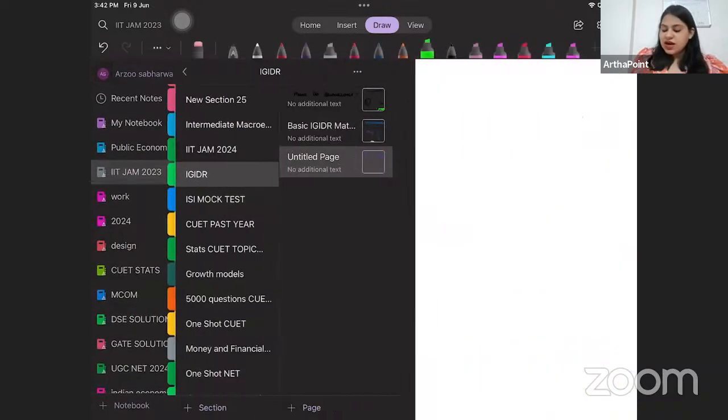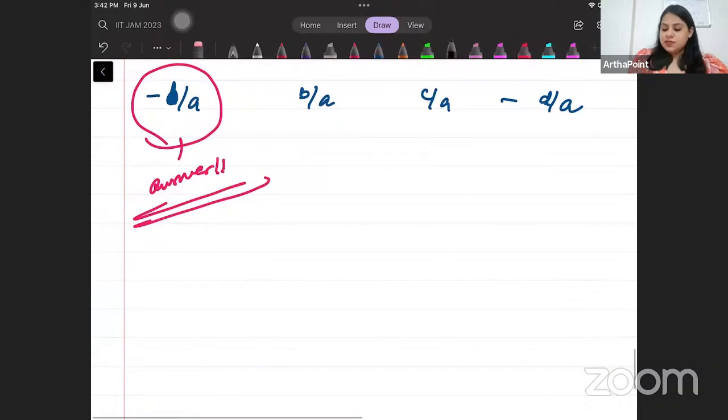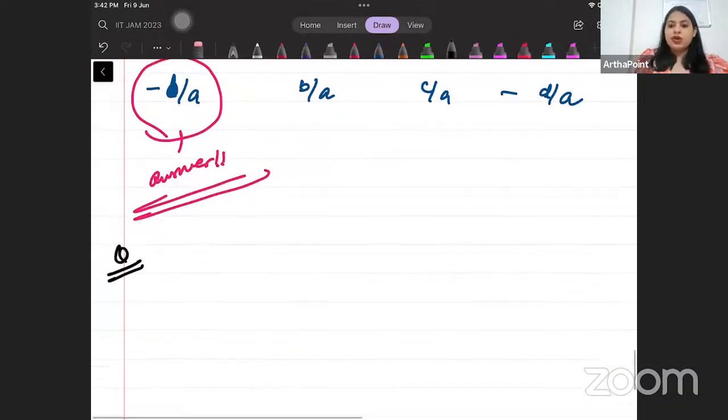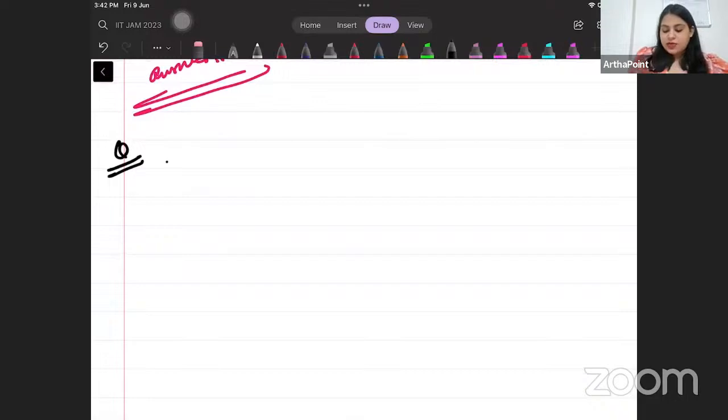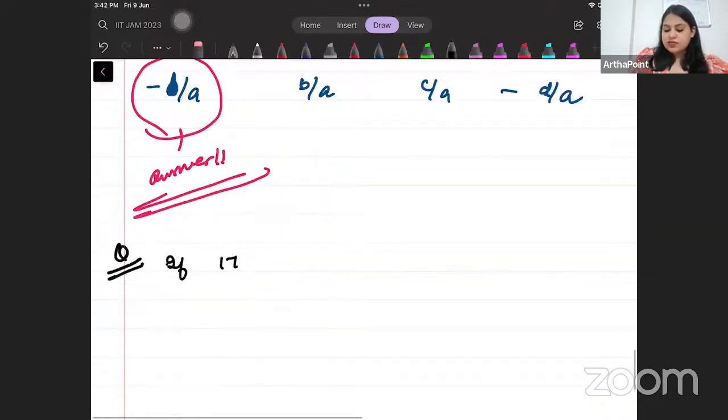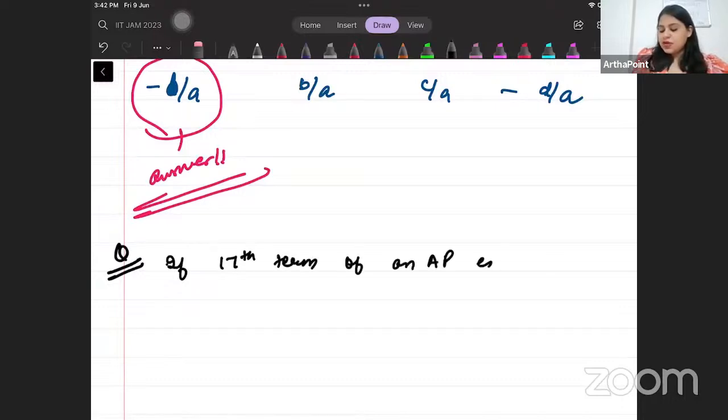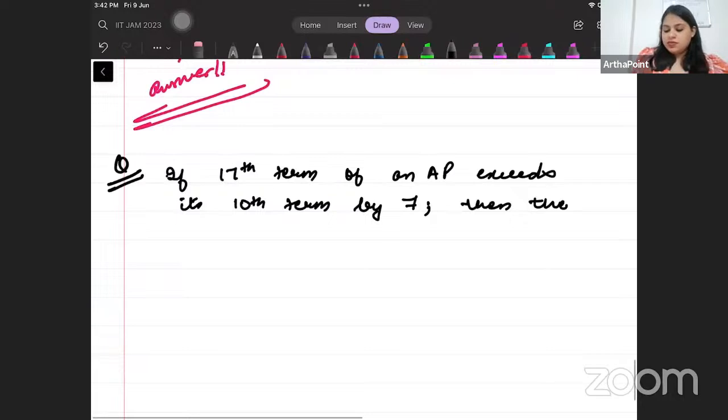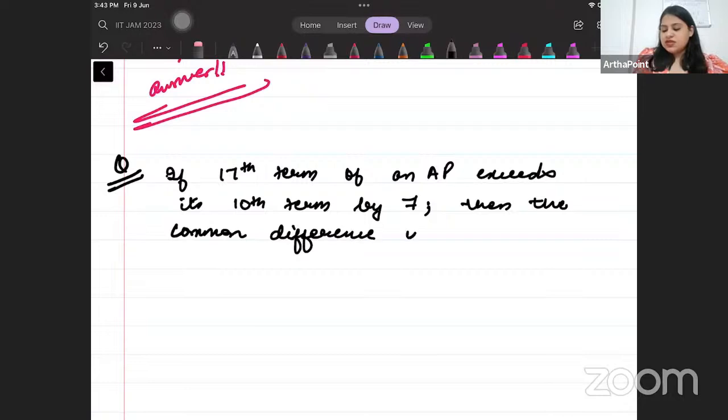Okay. Now let us start by doing some exercise questions. So question number 1 that I want to give you is the following. Please write down. If the 17th term of an AP exceeds its 10th term by 7, then the common difference is: A1, B2, C3, D4.